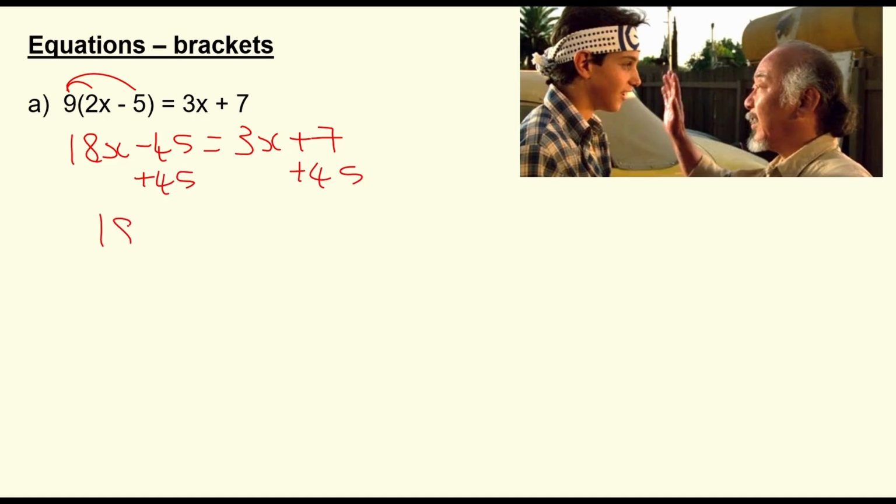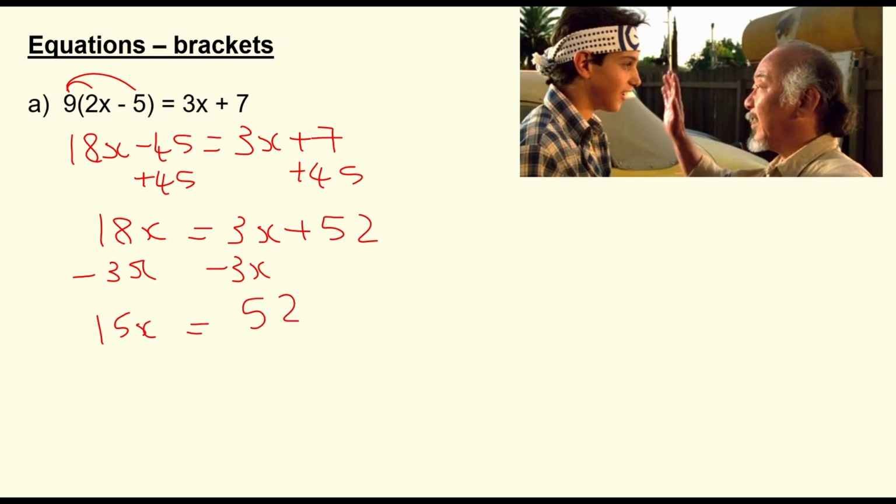So I've now got 18x equals 3x plus 52. Now I've got to get rid of 3x. 15x equals 52. And I've got to divide by the x coefficient, always my final step, as we've been doing all along.